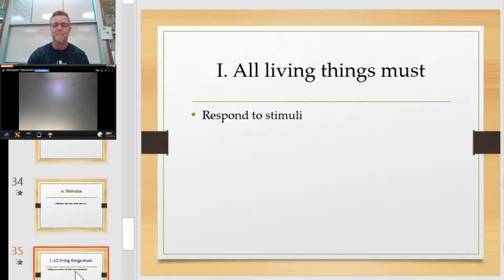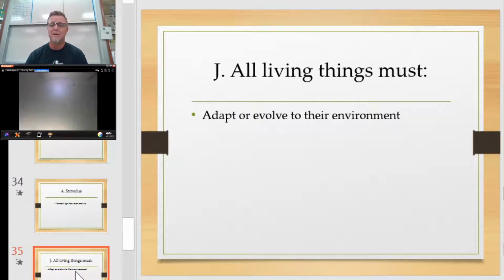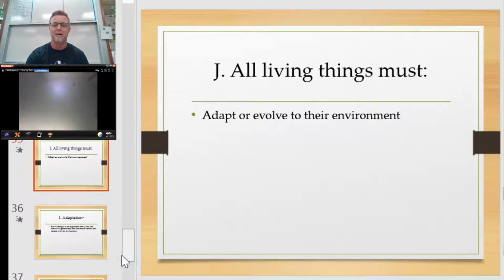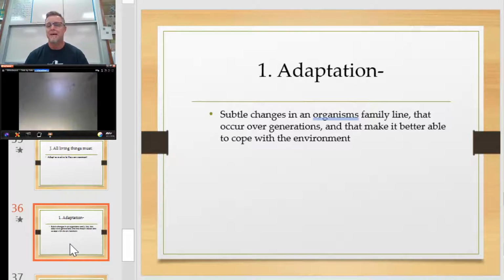Next thing. All living things must adapt or evolve to their environment. What does it mean to adapt or evolve to your environment? Well, let's look at that. To adapt means over the course of your life, you're going to make subtle changes in the organism itself, or maybe you and your family line.